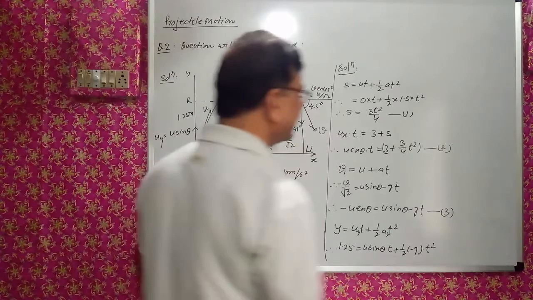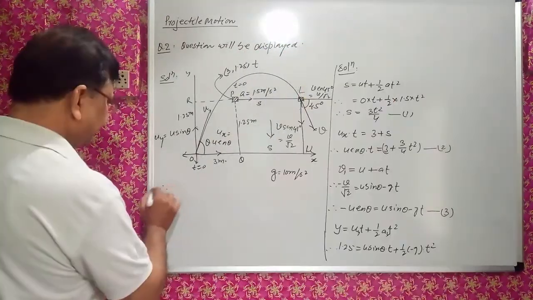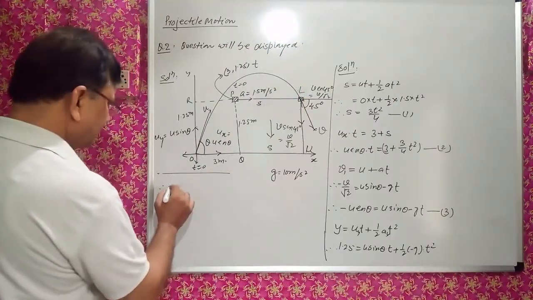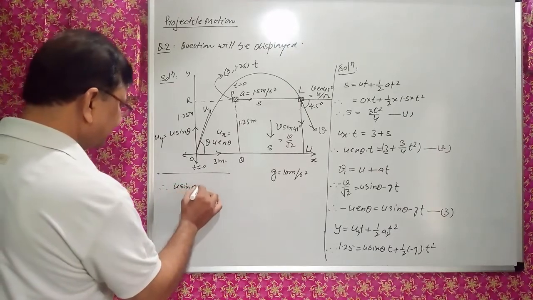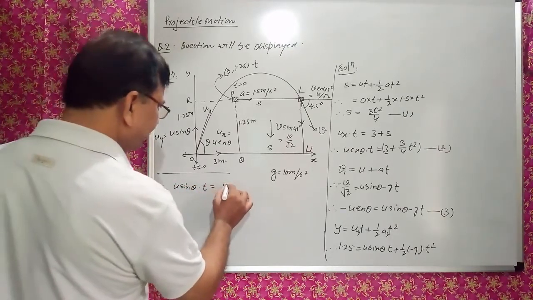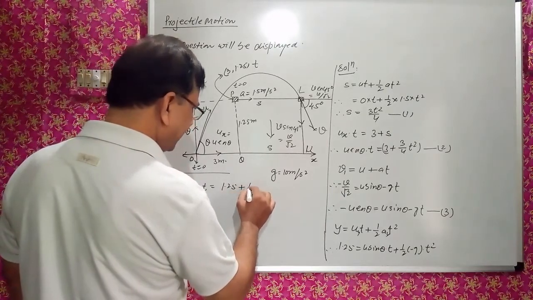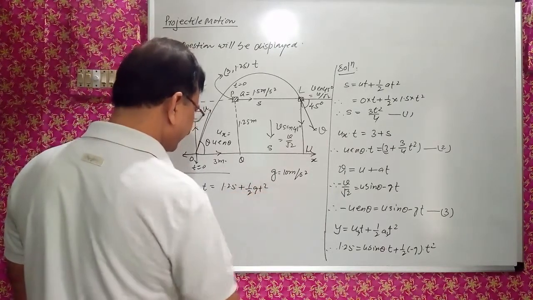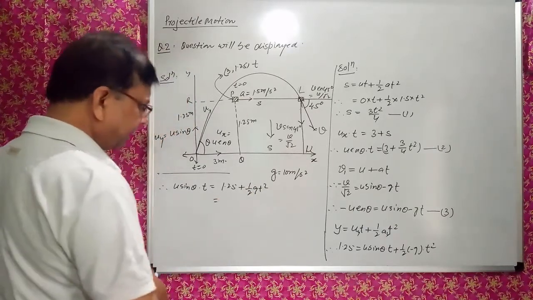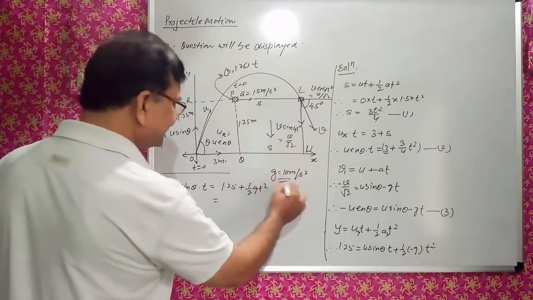From this, we can find, therefore, u sin theta t is equal to 1.25 plus half gt square. And put the values, because g is 10, it is given.